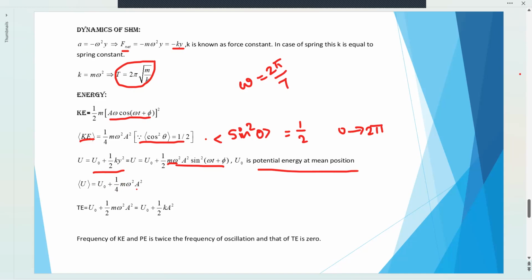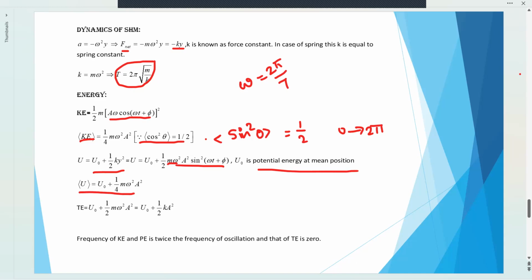And if you observe carefully, the average value of kinetic energy is 1 by 4 m omega square a square. The average value of potential energy is U naught plus 1 by 4 m omega square a square. That means the average value of kinetic energy is not equal to the average value of potential energy. That is one thing we have to focus on very carefully.